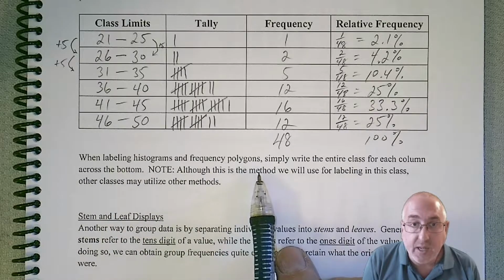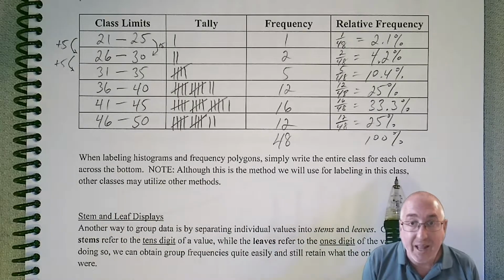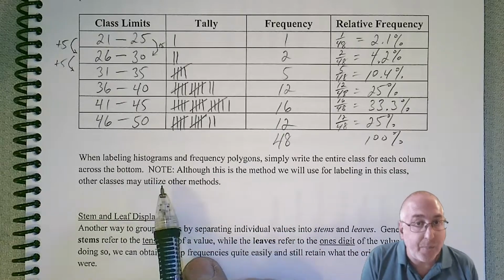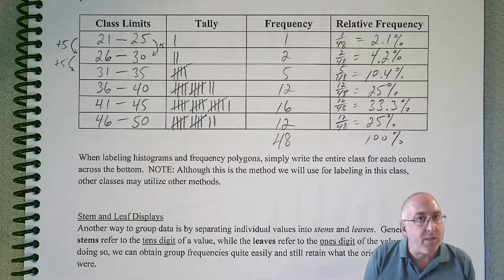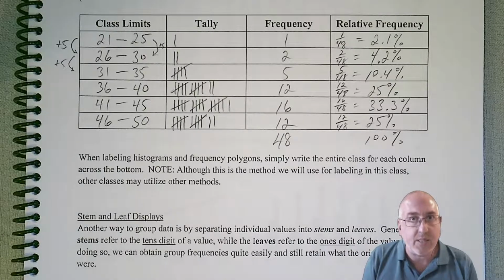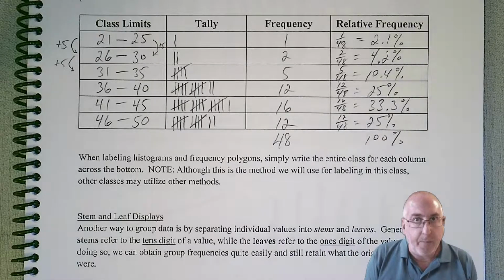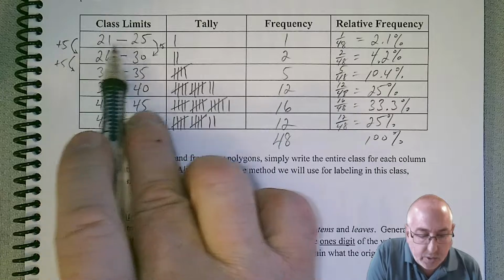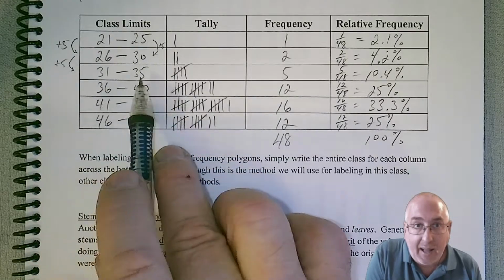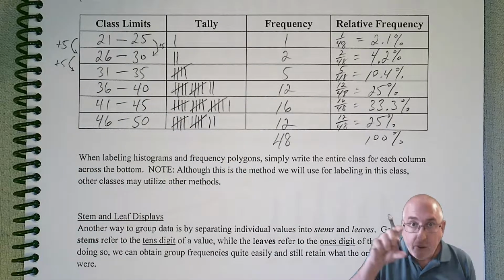Note, although this is the method we will use for labeling in this class, other classes may utilize other methods. This course is a little different than a true statistics course, so they might want a little more detail in those diagrams. But for this class, all you need to do is label the entire class underneath those spots.